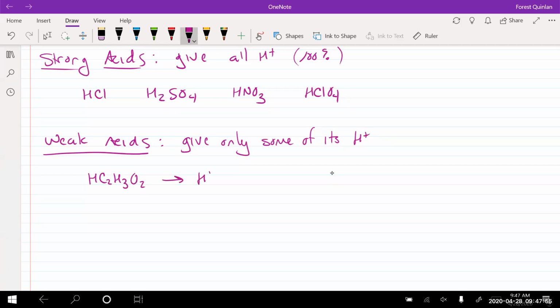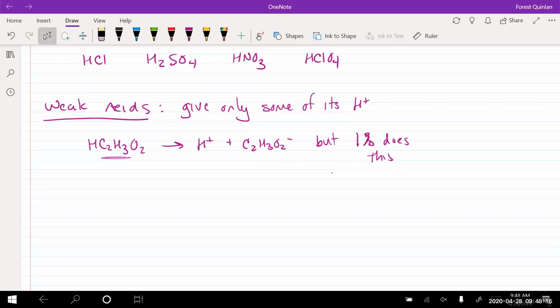HC2H3O2, of course, gives us the H plus and the acetate, okay? But only 1% does this. The rest of the time, it's just hanging out as the molecule. Very little actually breaks apart. H3PO4, right? That's a weak acid. Citric acid. All of these are weak.